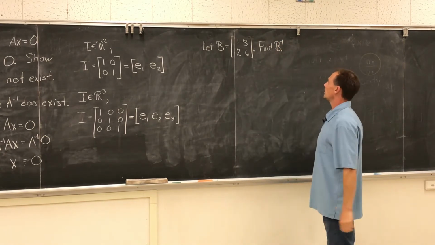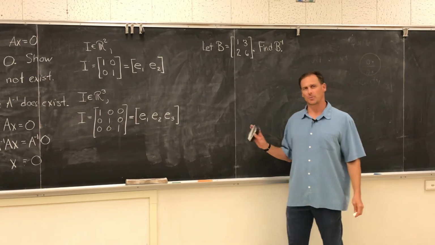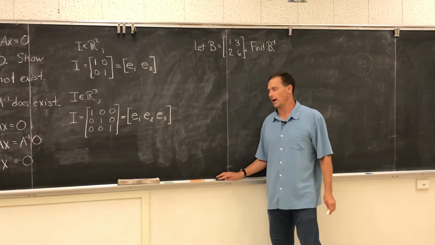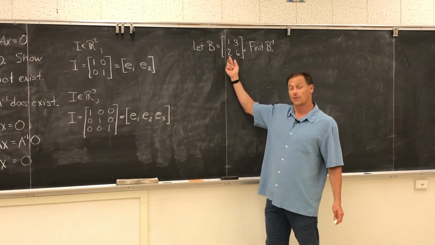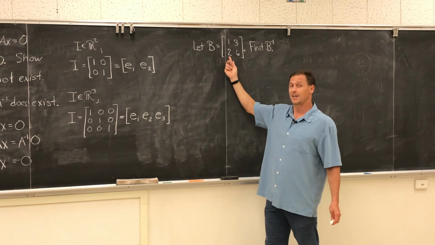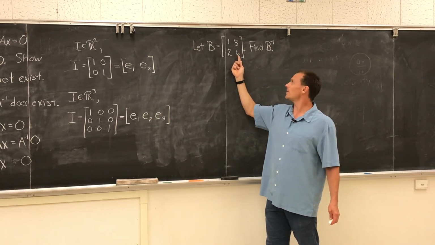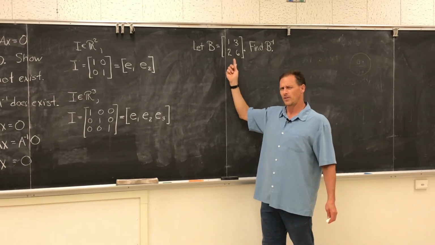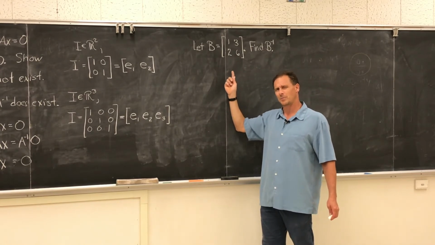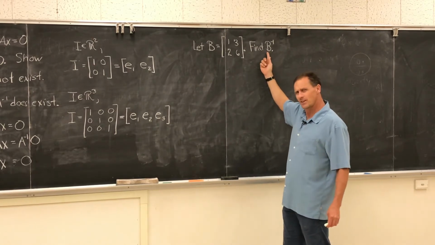Okay. Right off the bat, I'm a little suspicious of this, and I'm going to tell you why. My concern is that, notice that if I take the first column of B and I multiply it by 3, I get the second column. This second column is a scalar multiple of this first one. So that seems strange. Let me think about that. Well, would it even have an inverse matrix?